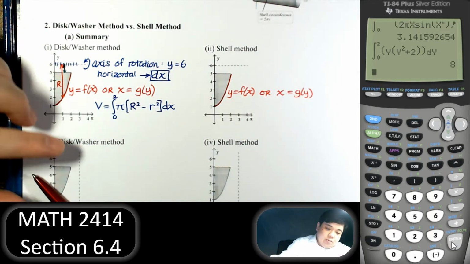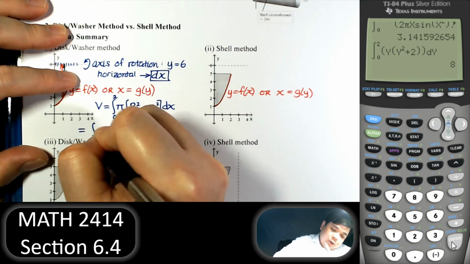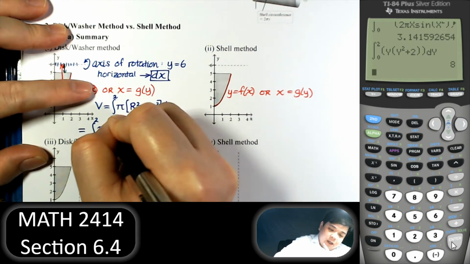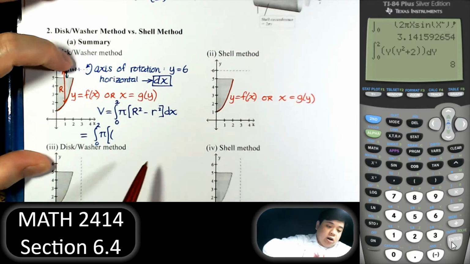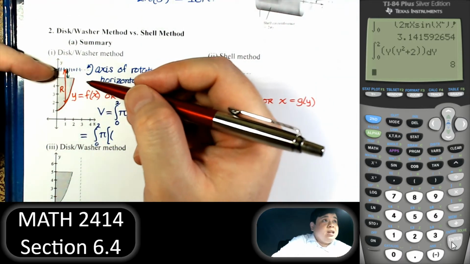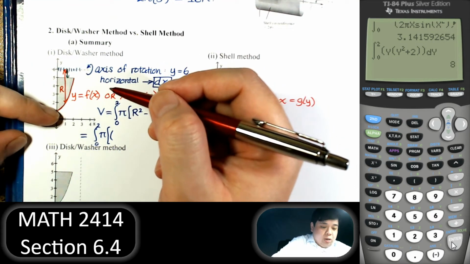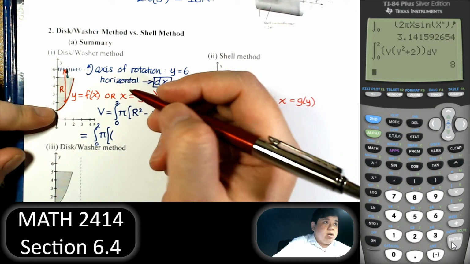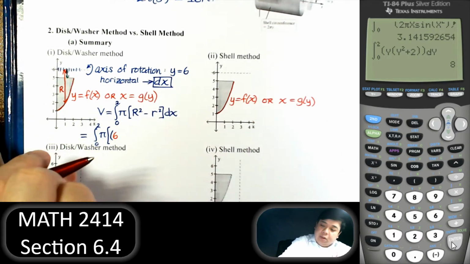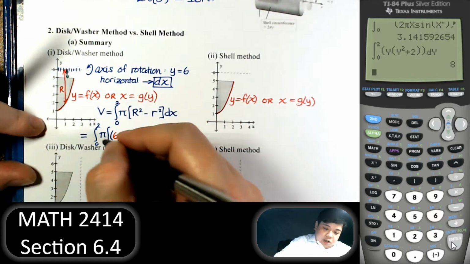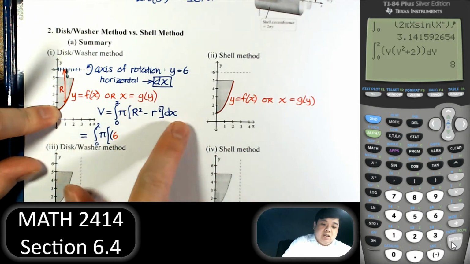So in this case, the volume is equal to the integral from 0 to 2 of pi. Now, the big R is going to be 6, the upper function, minus the lower function. Upper function is 6. Lower function is f of x, because that is in terms of x.